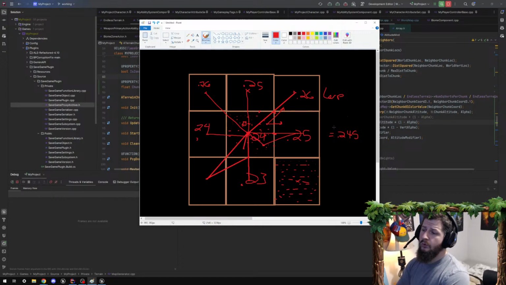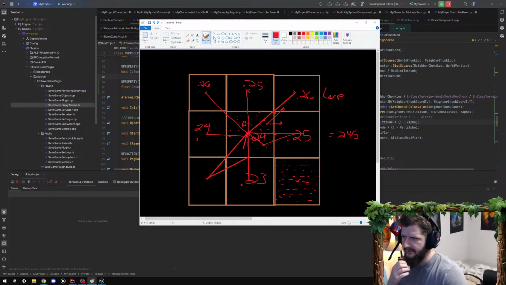Or if it's in the very corner, rather. Same with this point here. This point should only be halfway between here and here. And I guess that would work for these side points because the max distance is shorter than the diagonals.